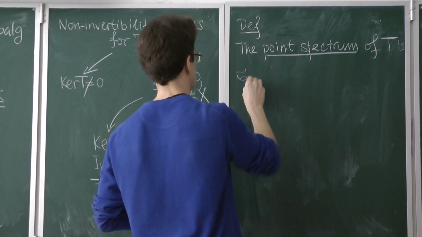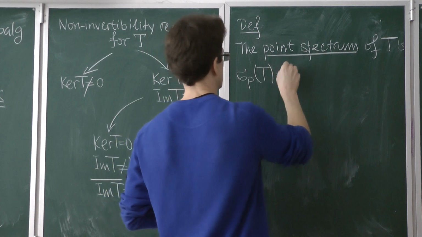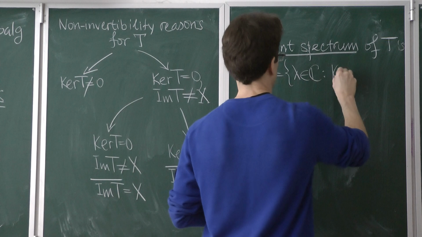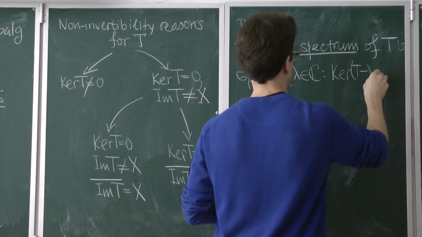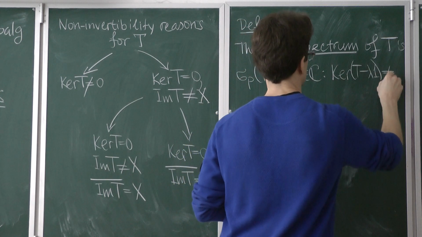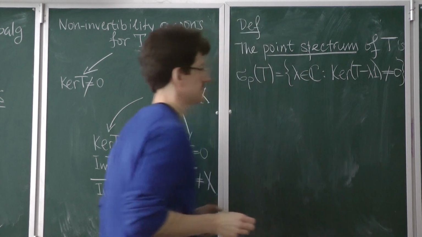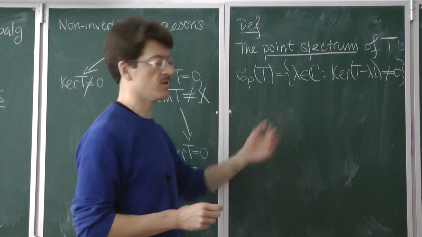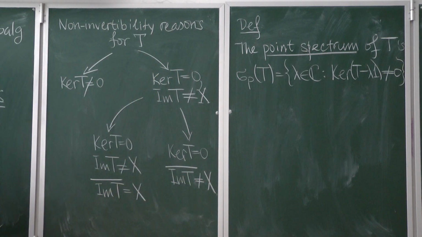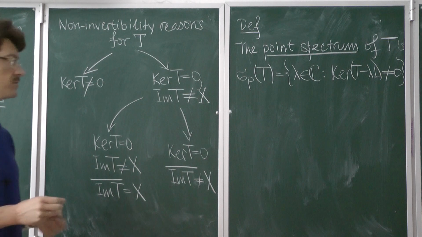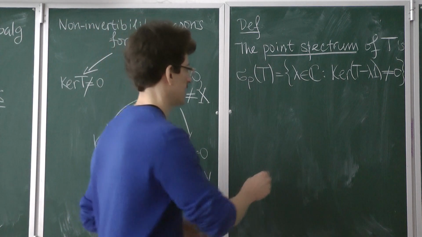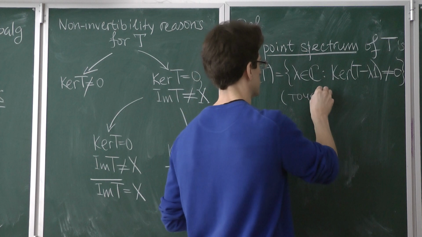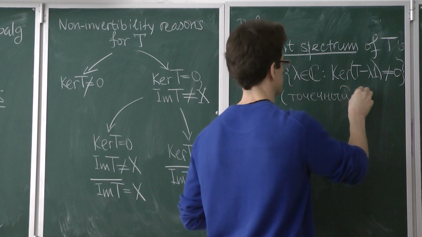This is sigma P of T. This is the set of all lambda for which the kernel of T minus lambda is non-trivial. In other words, this is the set of all eigenvalues of T. The point spectrum is the set of all eigenvalues of T. In Russian, this is точечный спектр.